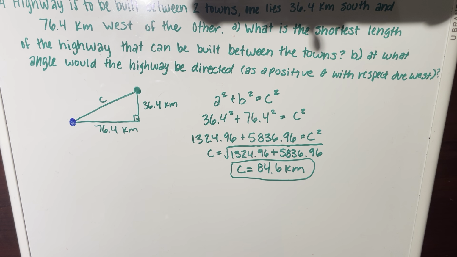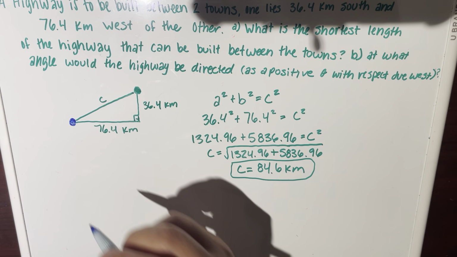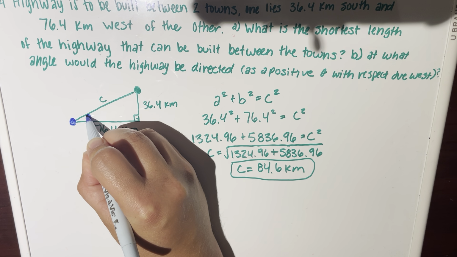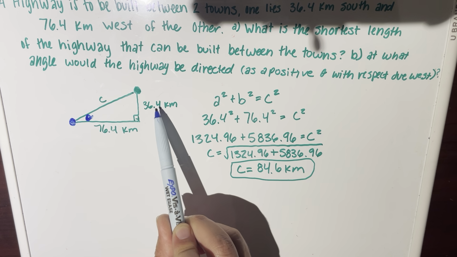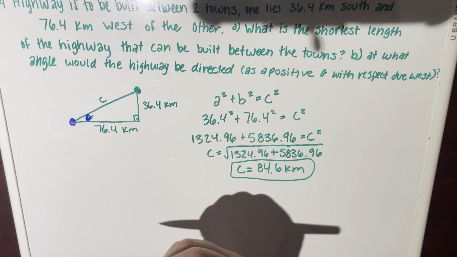So now we're going to move on to B, which is at what angle would the highway be directed as a positive angle with respect to due west? That would be this angle here. And we know from trig functions that opposite over adjacent is going to be tangent.